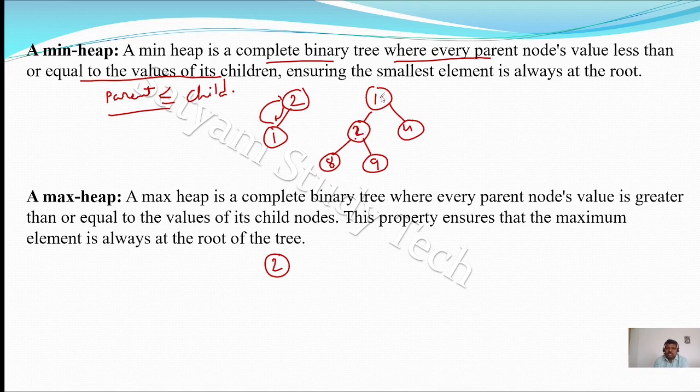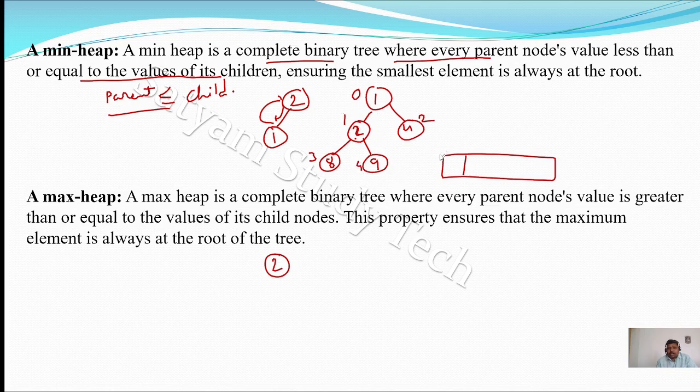Here also this is the parent, and 2 and 4 are the children. Now how can we represent the min-heap? The heap is commonly represented in array format. Here you can see the index is 0, here the index is 1, here index is 2, index is 3 and index is 4.